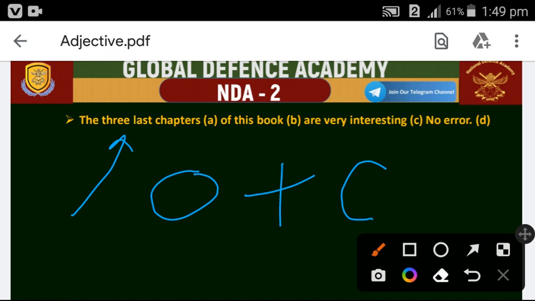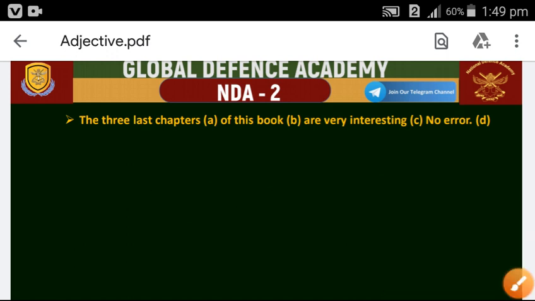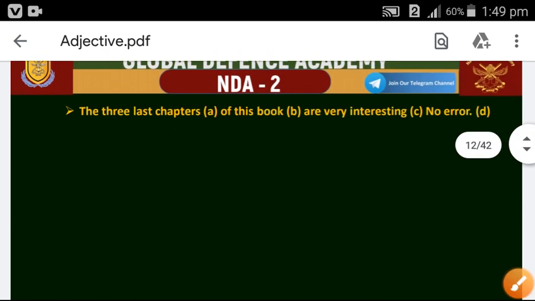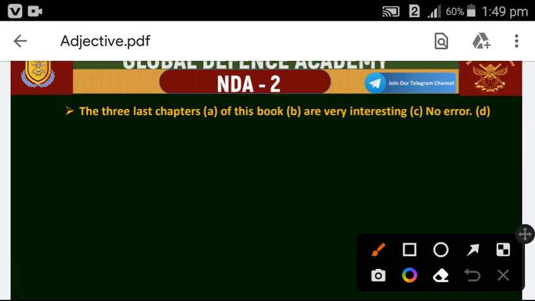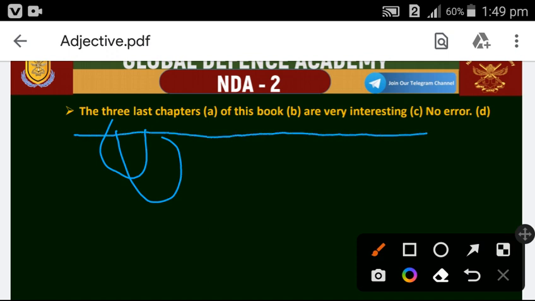But we have to correct it by exchanging the positions of 3 and last. Then my corrected section is: the last 3 chapters of this book are very interesting, and this is going to be 100% correct.